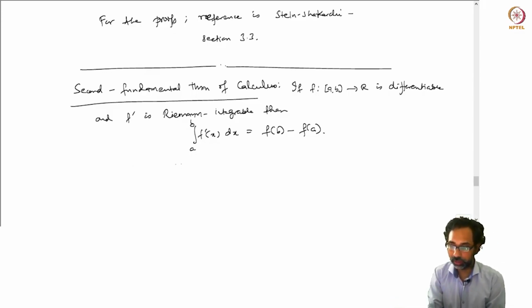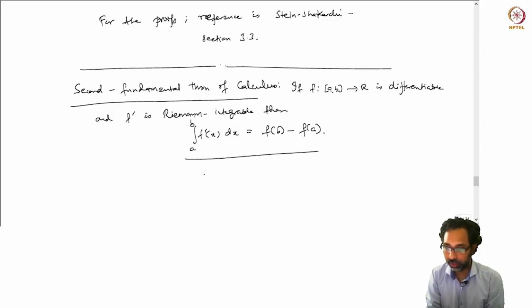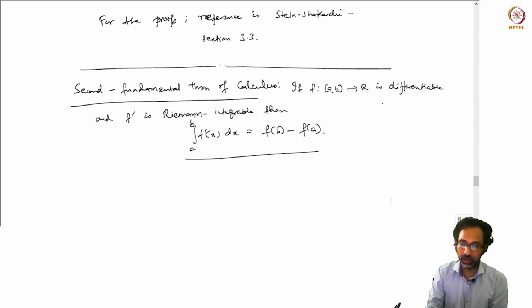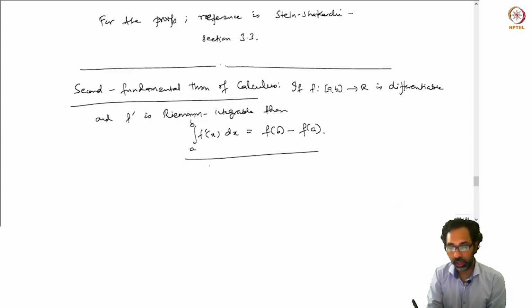So we can ask whether, even if we have, let's say, a continuous function which is in L1 over [a,b] and which is differentiable almost everywhere in [a,b], such a formula holds.